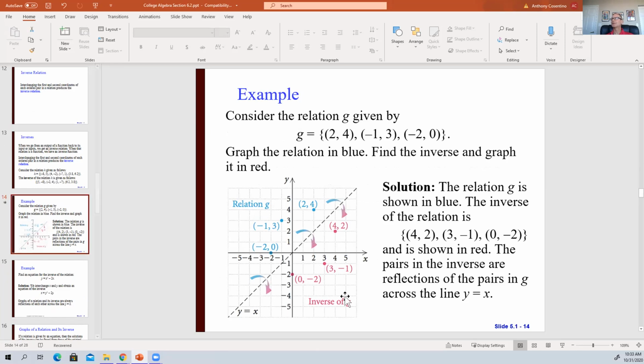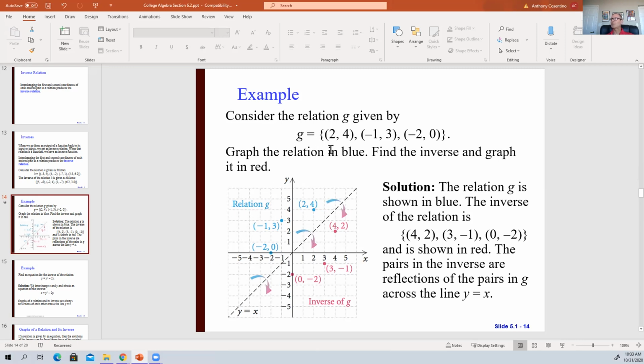Here's another one that's a nicer one to take a look at. Say you have set G. Now again, we just have 3 points, (2, 4), (-1, 3), and (-2, 0). And those are graphed here in the light blue.